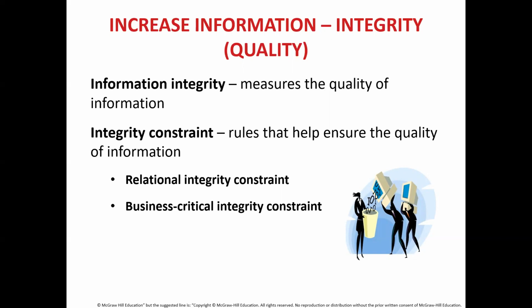These are rules that enforce basic and fundamental information-based constraints. Business-critical integrity constraints are rules that enforce business rules vital to an organization's success and often require more insight and knowledge than relational integrity constraints.